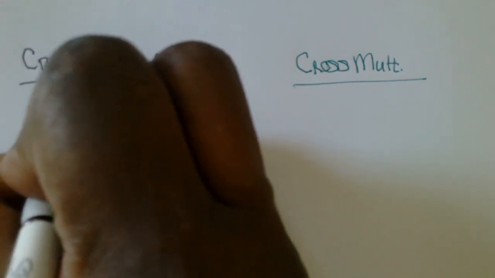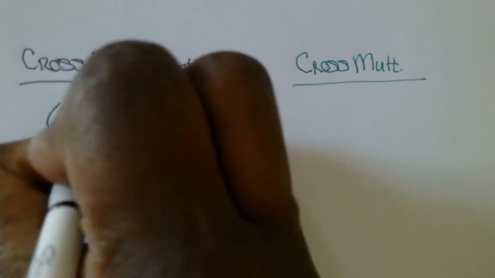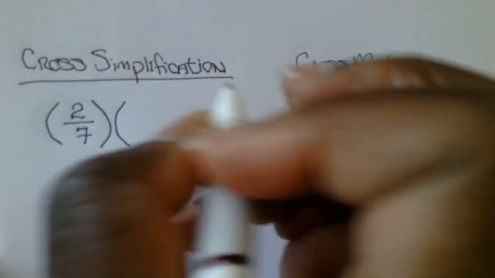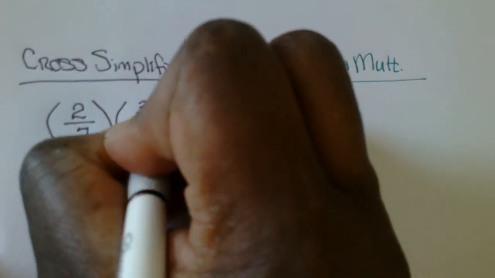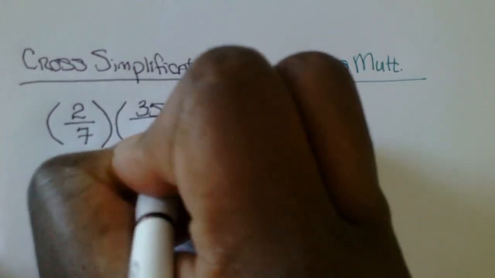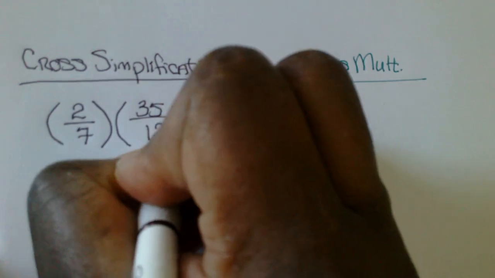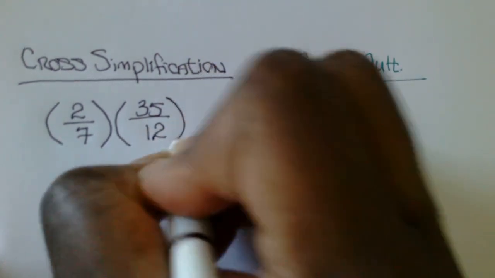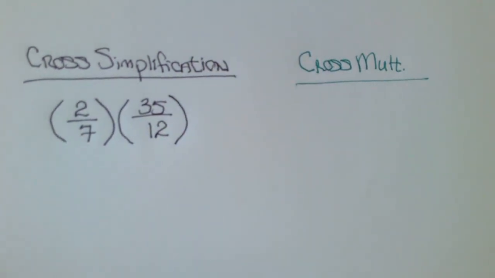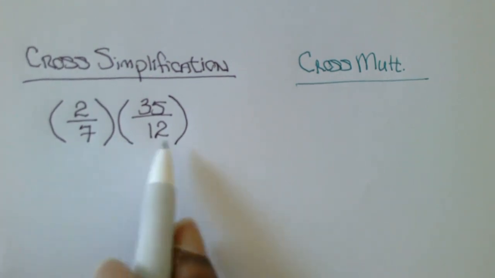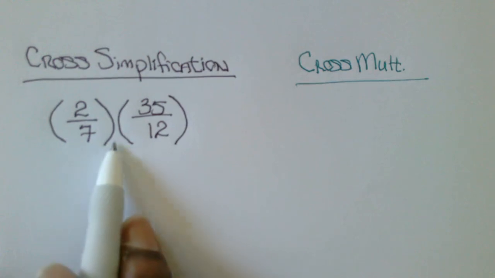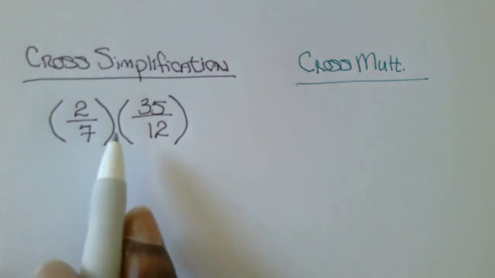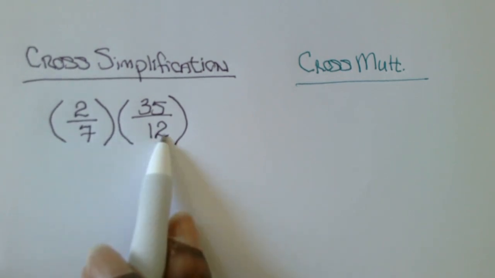So let's say 2/7 times 35/12. So in between the two fractions, if I don't see a plus or a minus or an equal sign, that means I'm doing multiplication.